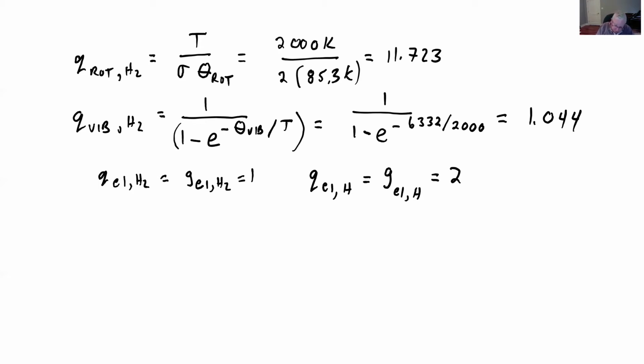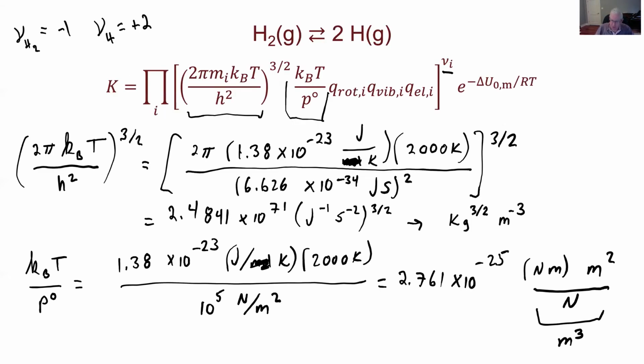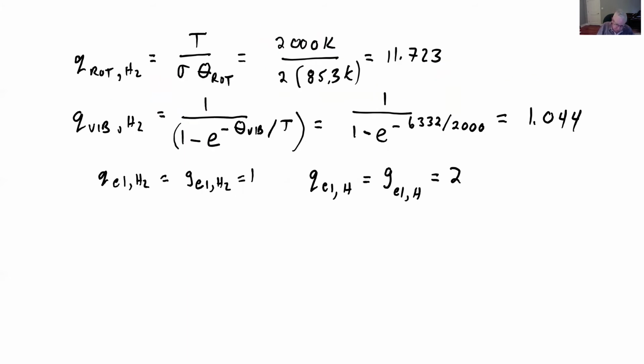The next piece I'm going to calculate is, if I flip back for a second, the exponential piece, right? So if I just look at that part out there, I'm going to get a value for that, which says e to the minus delta u, this is our delta u 0m, that's somewhat awkward notation that our text uses, over RT.